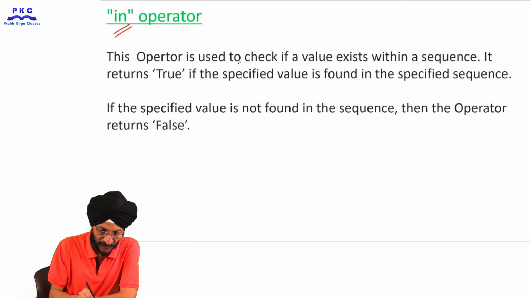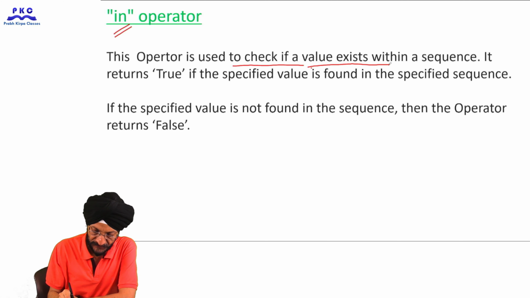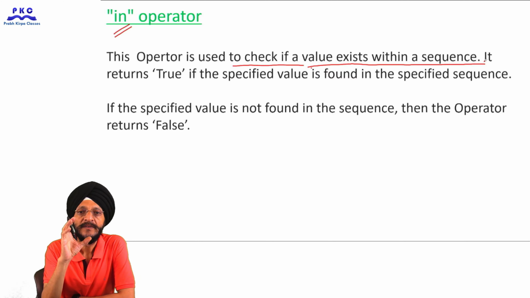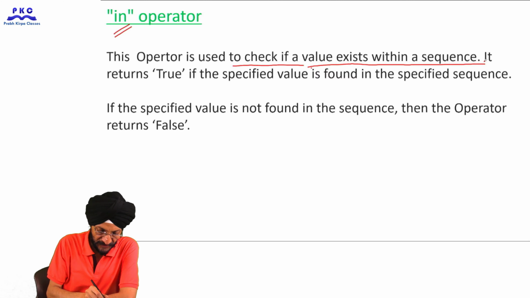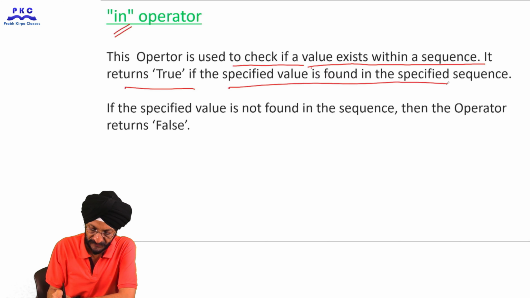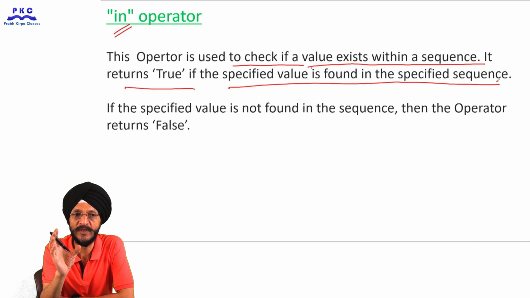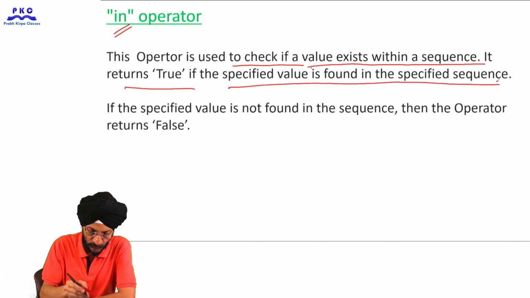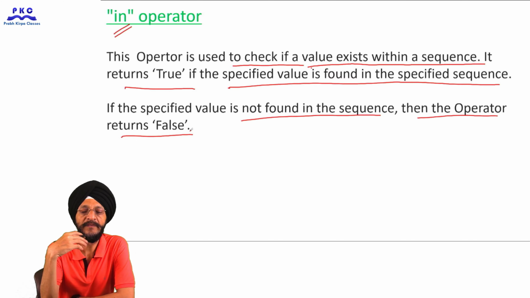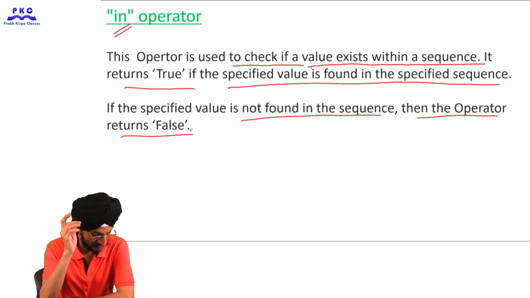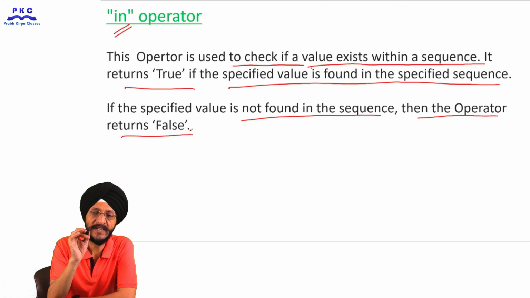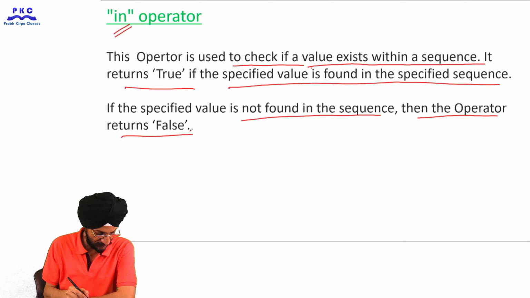This in operator is used to check if a value exists within a sequence. It returns true if the specified value is found in the specified sequence. If the specified value is not found in the sequence, then the in operator will return false. We will understand this concept with the help of an example.